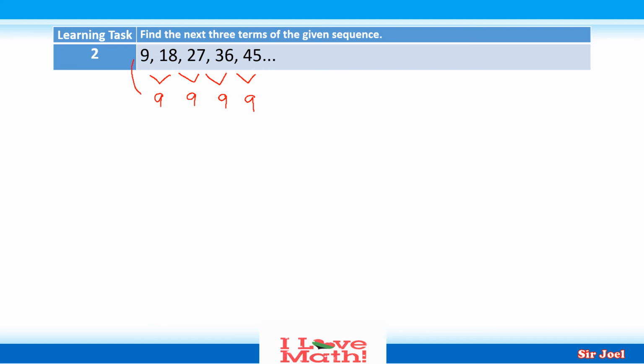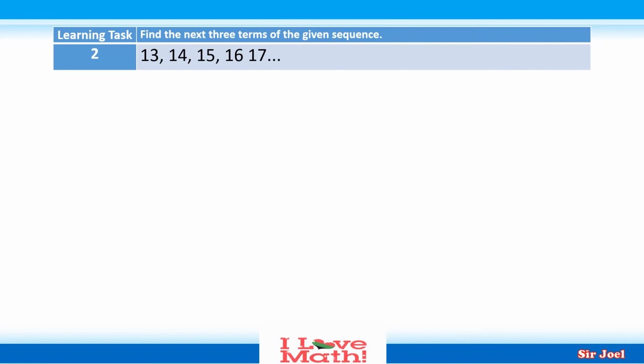So, pag in-add natin, tama ba? 9 plus 9, 18. Plus 9, 27. Plus 9, 36. Plus 9, 45. Plus 9, syempre, the answer is 54. Tama? Plus 9, the answer is 63. And then plus 9, the answer is 72. And then, meron tayong ellipsis.